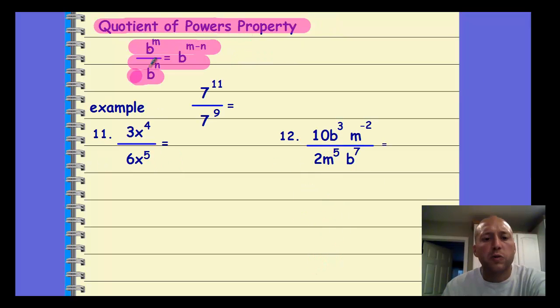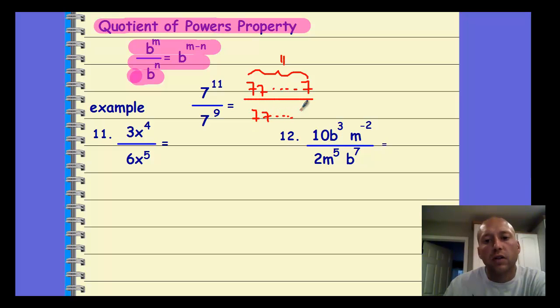The quotient of powers property, where if you're dividing these, you can rewrite it as subtracting. And I can write that a few other ways. Let me show that a little differently. 7 to the 11th divided by 7 to the 9th. So this really means we have 11 sevens up here. That's what that means. On the bottom here, we have 9 sevens.